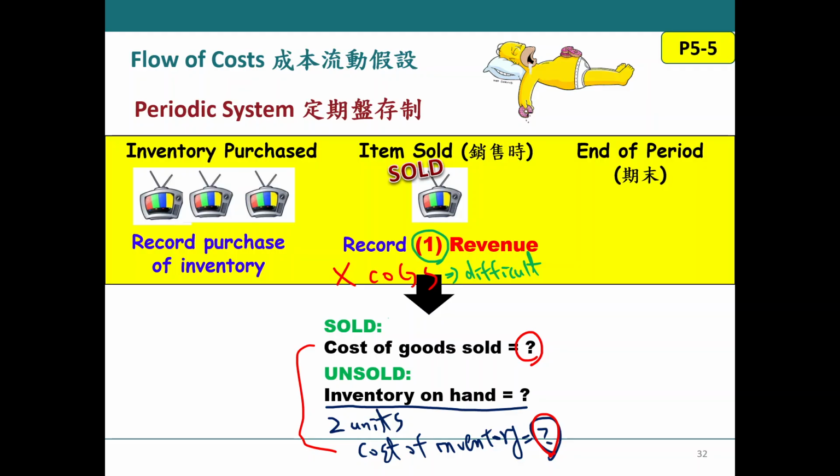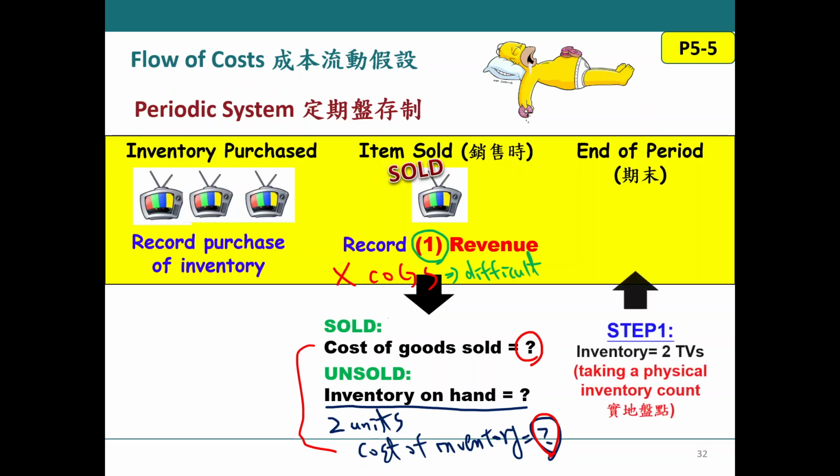Go to your company. Open your factory door. Look at how many inventory are still in your company. Then I start to count. Okay, I have inventory 1, 2, 3, 4, 5, 6. Okay, I still have this many inventory in my company. Based on that, I can get my ending inventory.